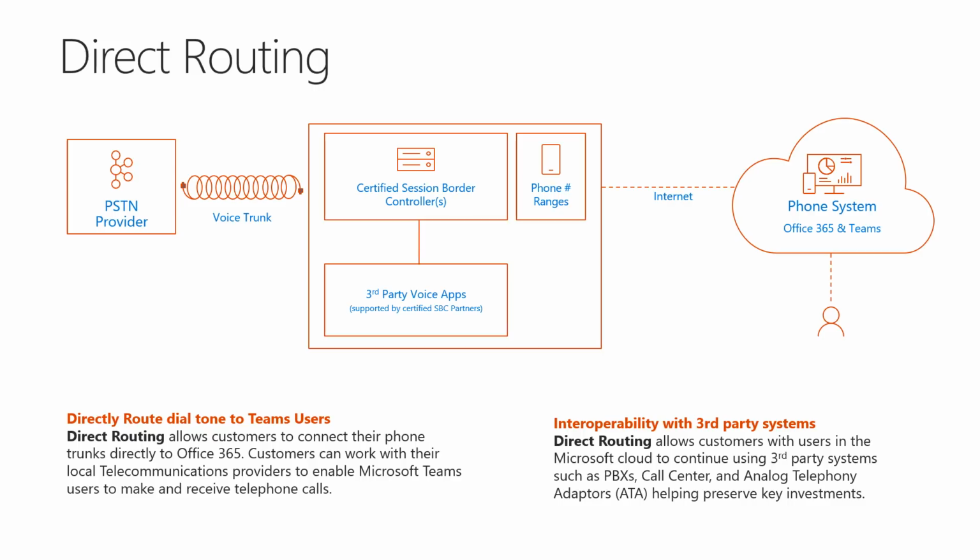And this SBC is then connected via voice trunks to the PSTN provider, which could be traditional phone trunks, it could be SIP trunks, whatever setup you want to have. For the phone system, it's just important that it's connected to a certified session border controller. We are not going into more detail here, but there is a dedicated session on direct routing, and I highly recommend watching that if you want to learn the ins and outs of direct routing.